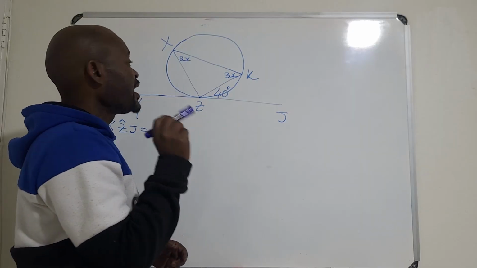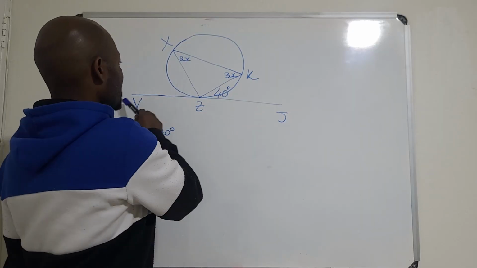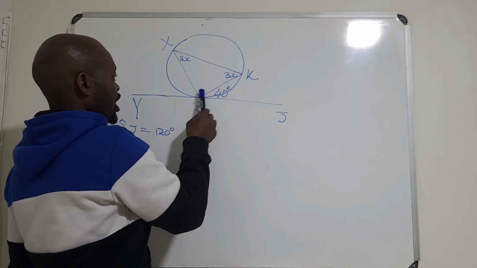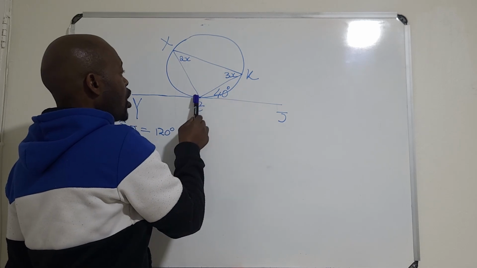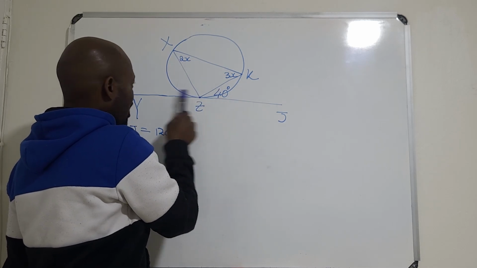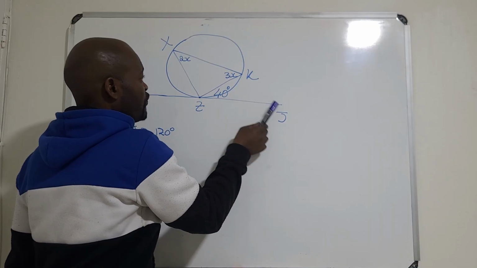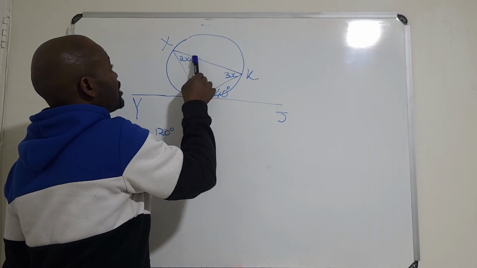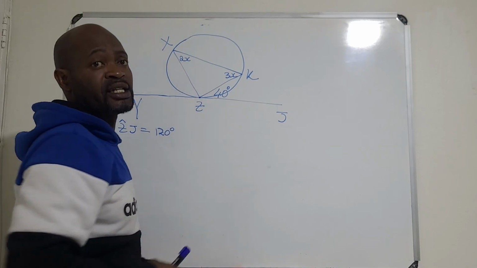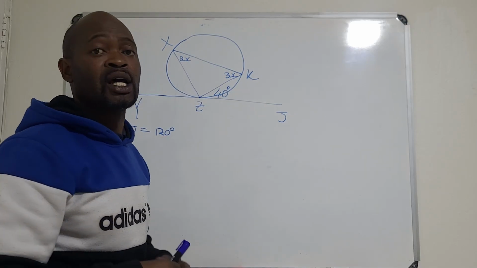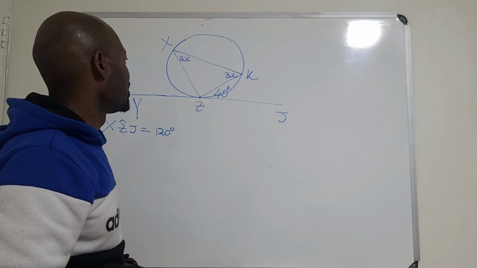And for us to find x, since this is a tangent and this is a chord that makes an angle with the tangent, it means that this angle is going to be equal to the angle in the alternate segment, which is your tan-chord theorem.